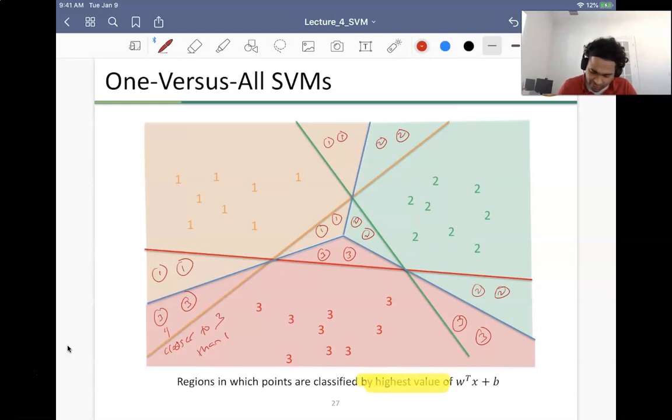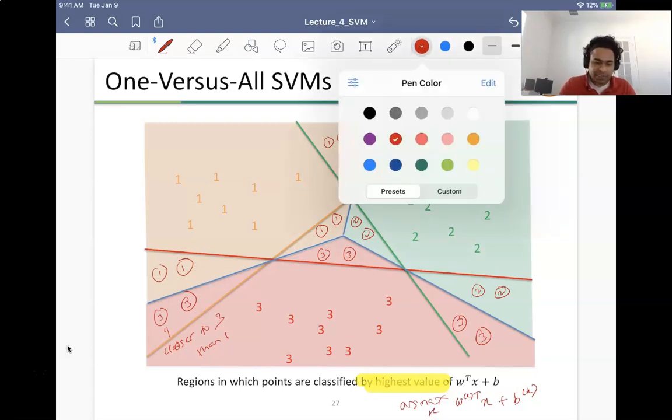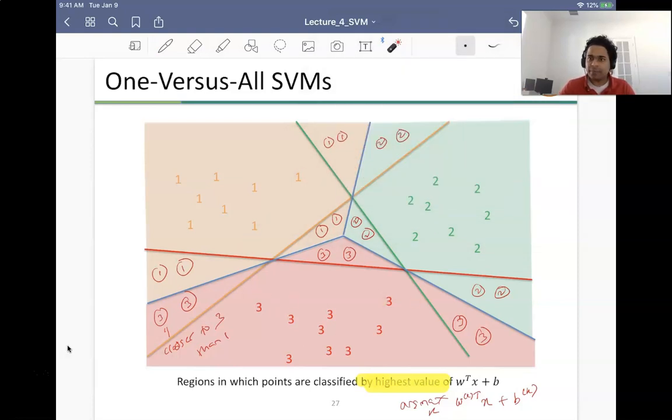So this is W_k transpose x plus b_k, and I do an argmax over k of this score and choose the best one. This is exactly what this is showing.